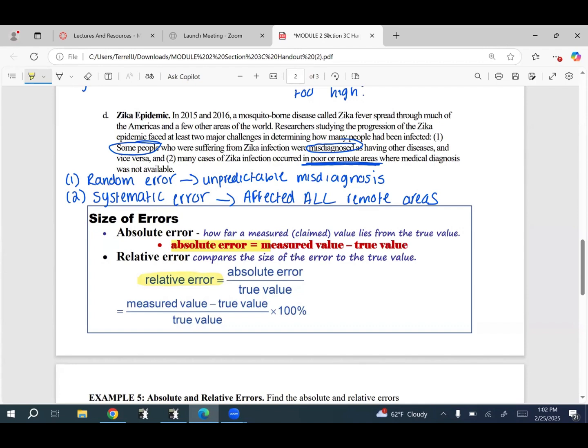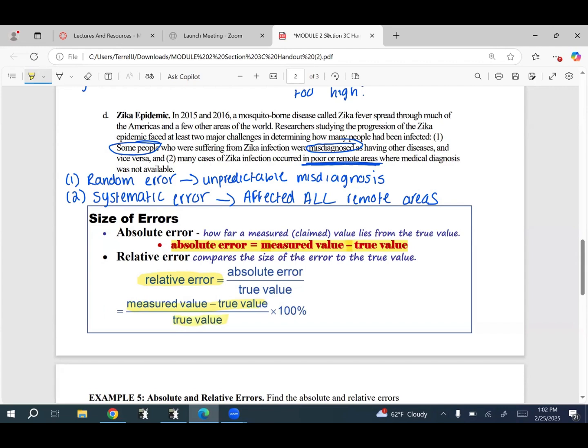The absolute error just means you're taking the difference. But now I'm not saying new minus old. We're talking about the measured value minus the true value. That is the formula. Measured value minus true value. Relative error is measured value minus true value divided by the true value.